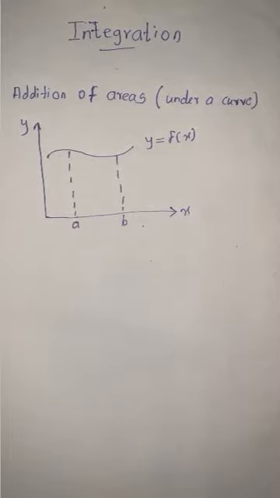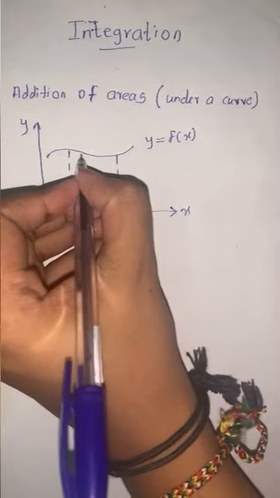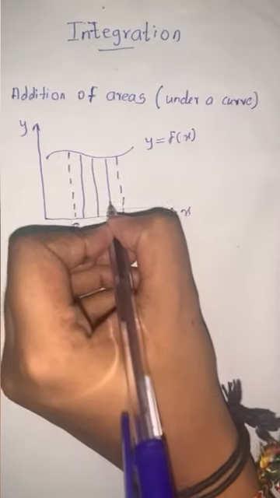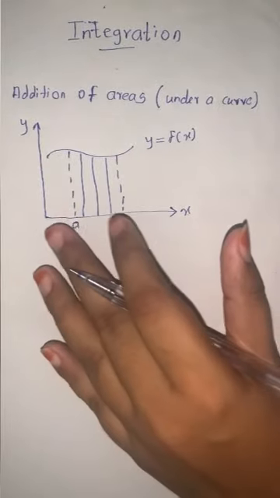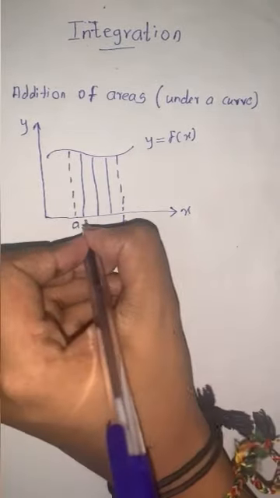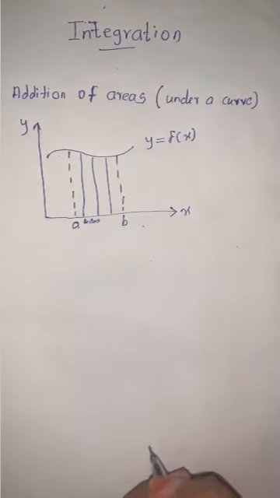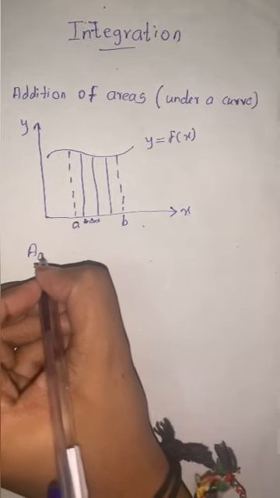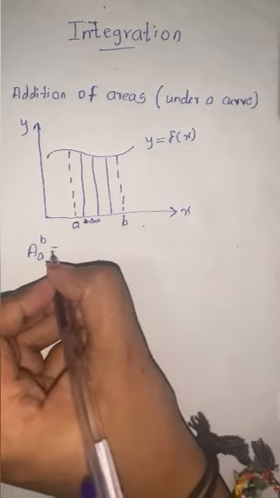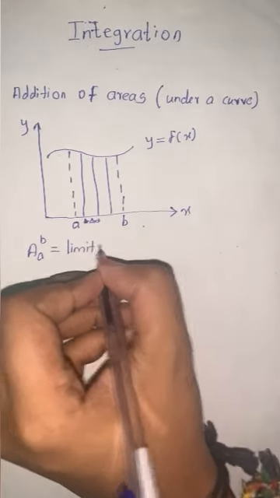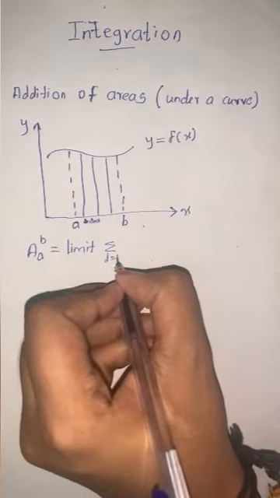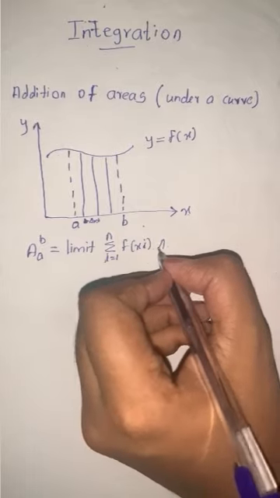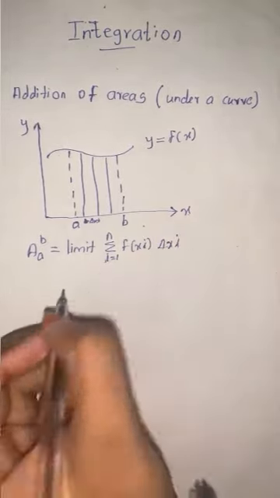For that I cannot find it straightaway, so I'm going to divide it into n equal parts, where the width of one part is delta x. So the area from a to b is equal to the limit of the summation of i is equal to 1 to n, of f of xi into delta x.